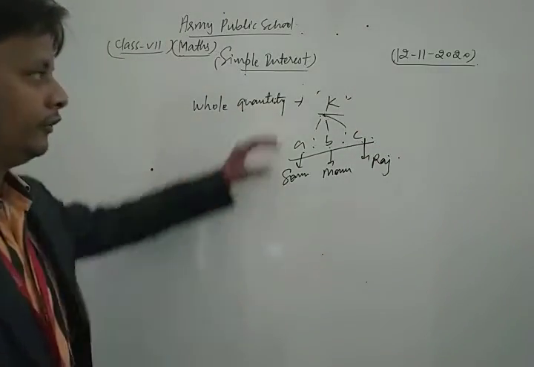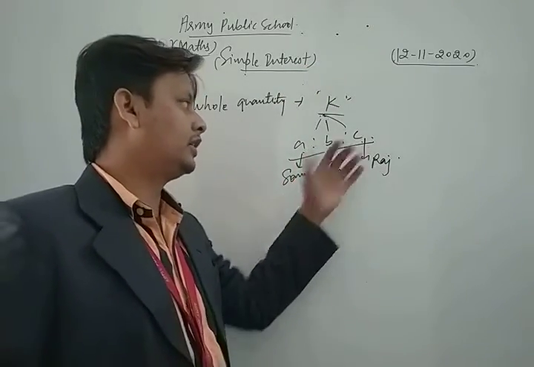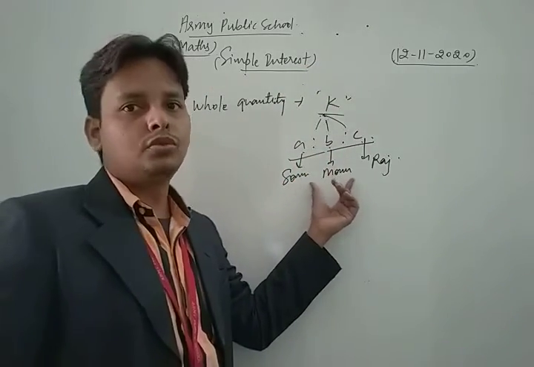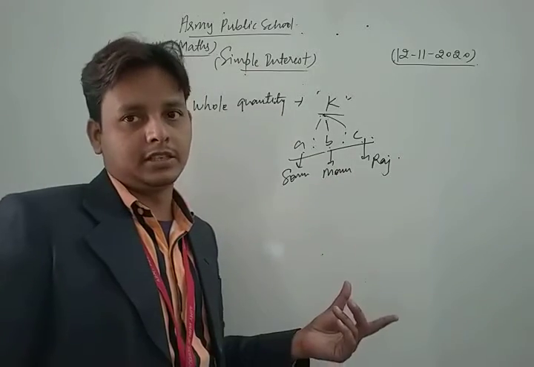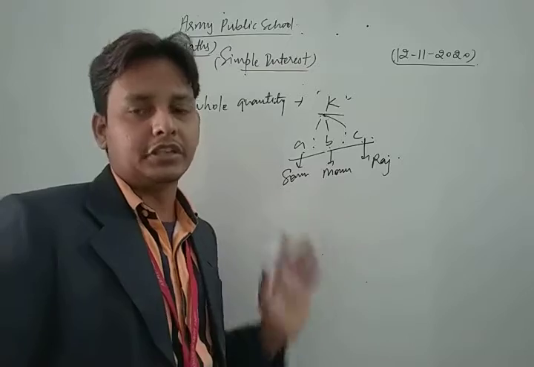Suppose that we divide the whole quantity K in the ratio A ratio B ratio C amongst Sonu, Monu and Raj, then what is the part of each?